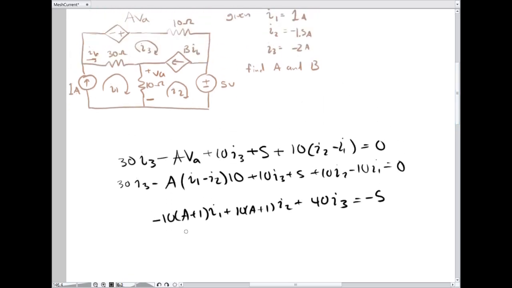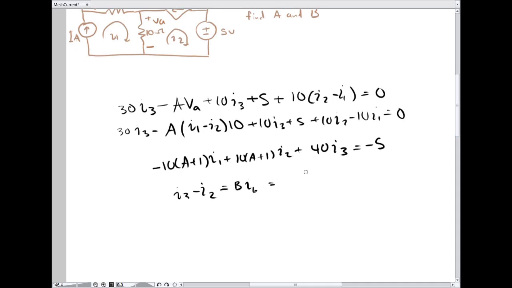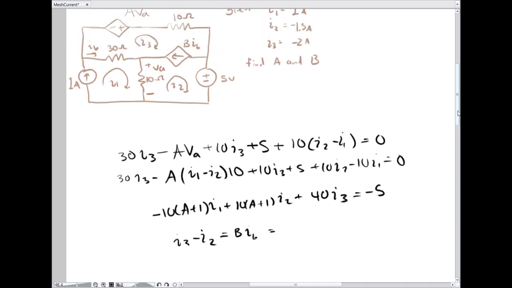Then we have the super mesh relationship, which is I3 minus I2 equal to B IB, where IB, better keep it on the screen here, is I1 minus I3. So then, it was a B here, so it's not 2I3.